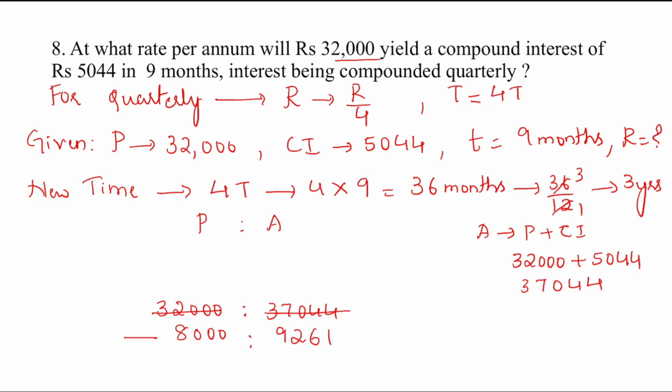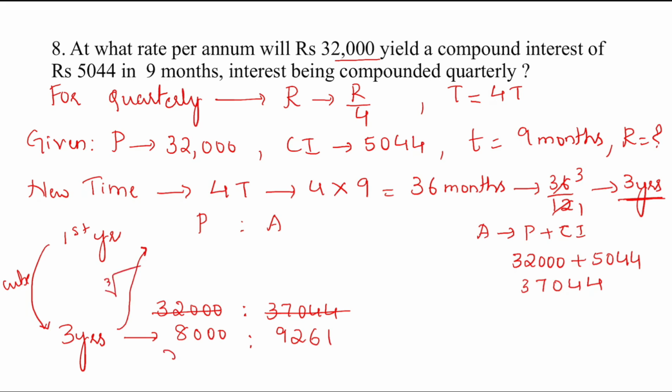So this is the ratio between principal and amount at the end of 3 years, because our time is now 3 years. From the first year to come to 3 years, as I have told you, we should always cube it, isn't it? So to go from 3 years to the first year, we have to take the cube root.